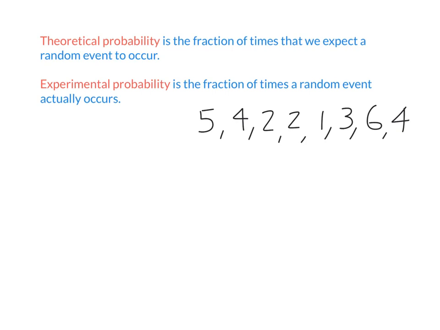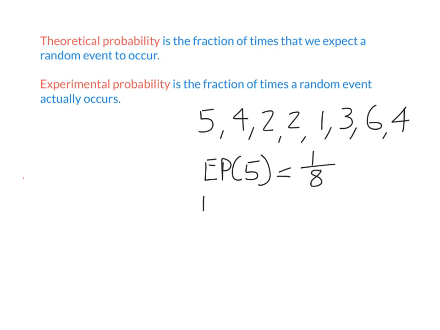In this case, the experimental probability of rolling a 5: I rolled it once, and there were 8 trials in total. I rolled the die 8 times. So the experimental probability of getting a 5 here was 1/8. Again, just because the theoretical probability is a 6th, I expect to roll a 5 1/6 of the time. That doesn't mean I always will.